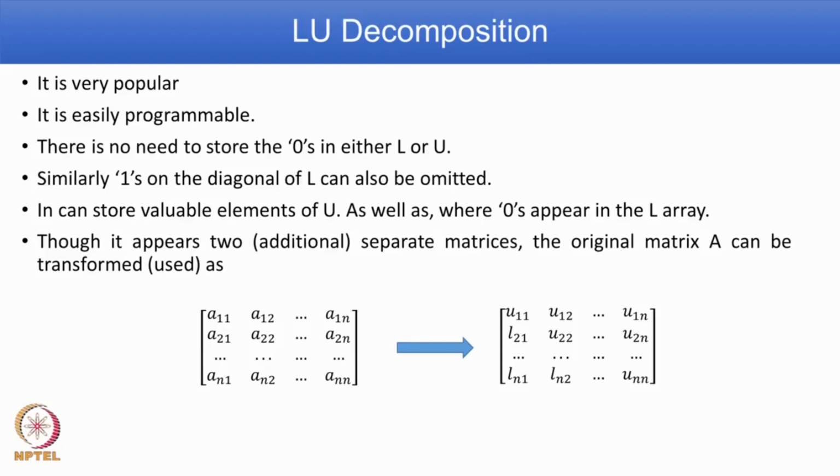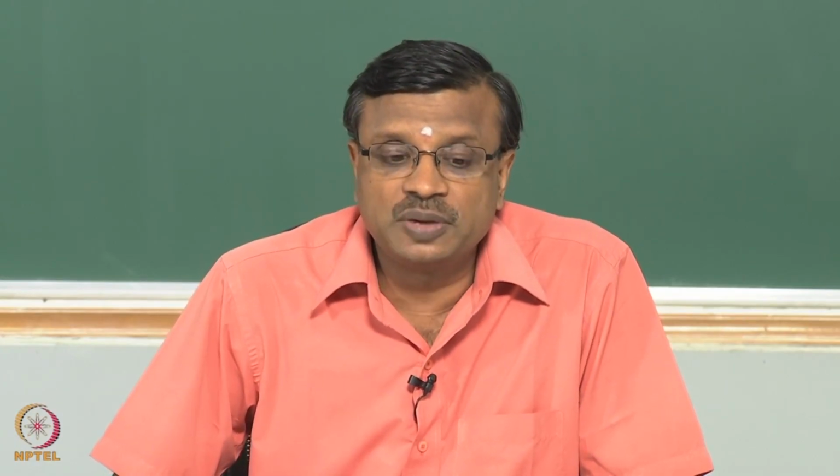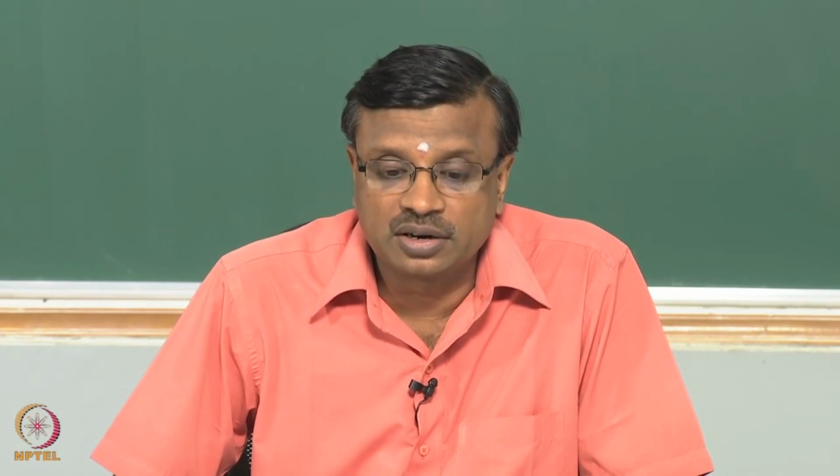That place is used to store values of the U matrix, U11 along the diagonal all the way up to Unn, and the upper part of the L matrix has 0 value and that is used to store the U matrix as shown here, U12 and all the other elements. Hence, the given coefficient matrix A itself is used to write L and U. So, this becomes easier to program and it also becomes very popular because it is easy to solve any matrix.